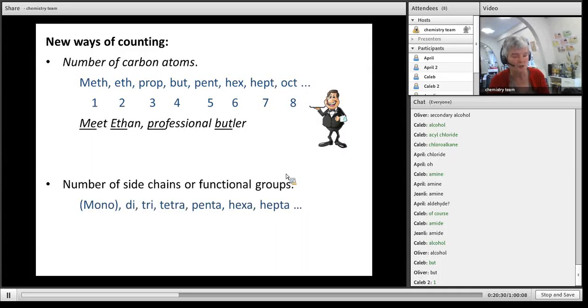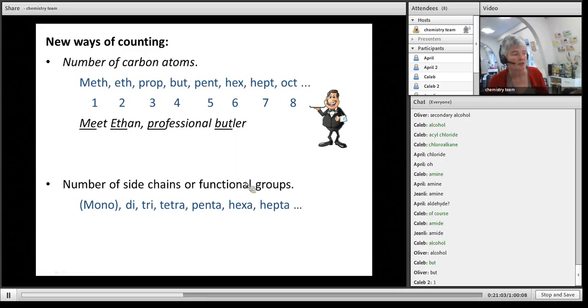So it's 1, 2, 3, 4, 5, 6, 7, 8, 9. And then meth, eth, prop, but, pent, hex, and so on. Then there's also the mono, which you don't always use, very rarely, but it's di, tri, tetra, penta, hexa, hepta, and so on. This is the number of side chains or the number of functional groups. So this naming we use for the number of carbon atoms in the parent chains and side chains.